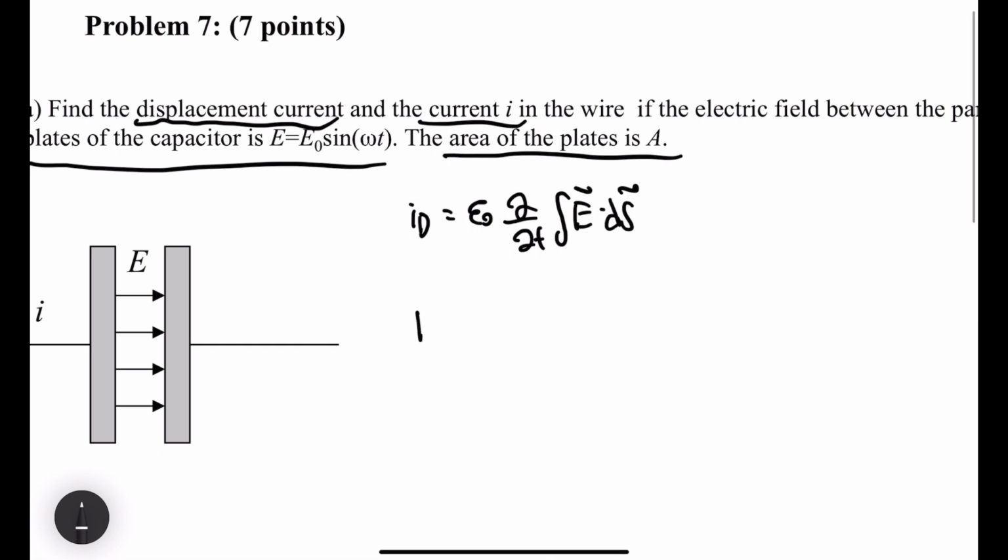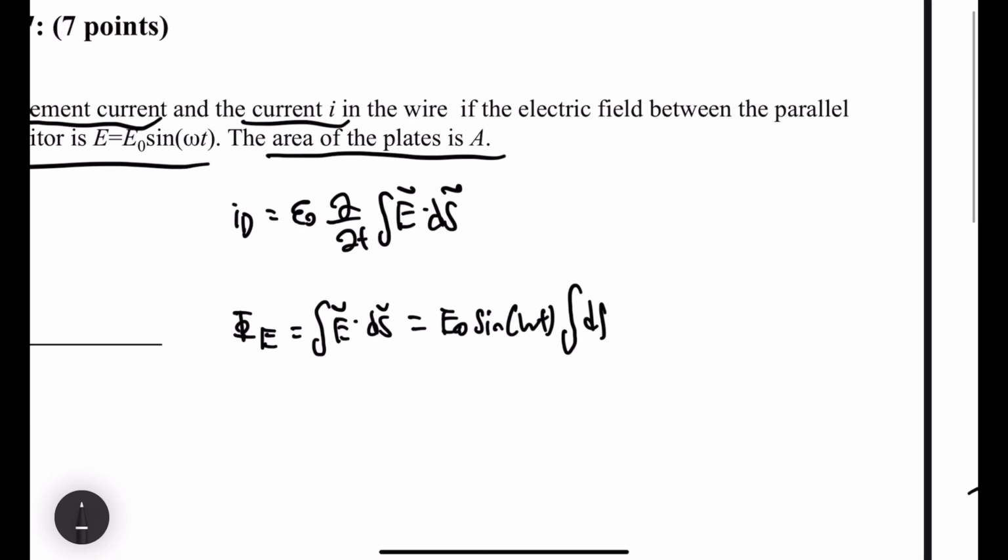So let's calculate the electric flux. E dot dS. E is constant in space because it depends on time, not on distance, so sine omega t. And the integral of dS is just the area, so this would be E naught sine omega t times the area, which we were told is A. And you take the partial with respect to time of this electric flux.